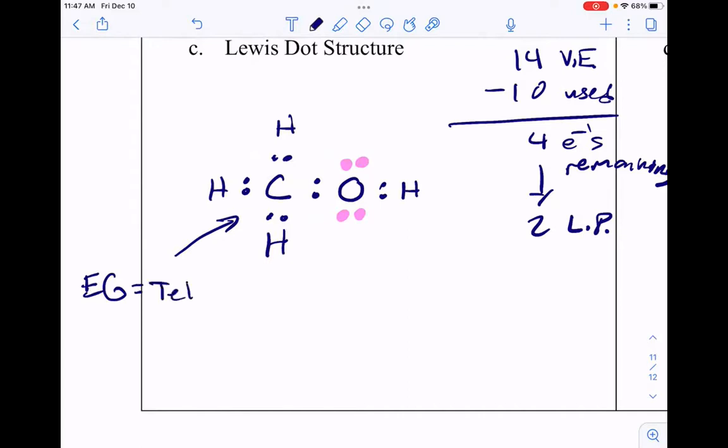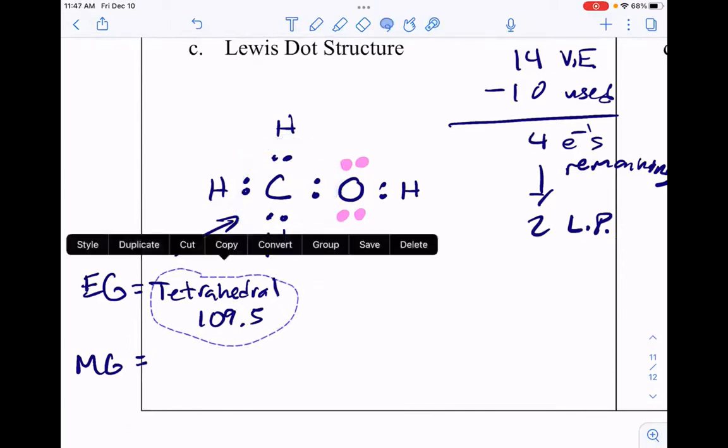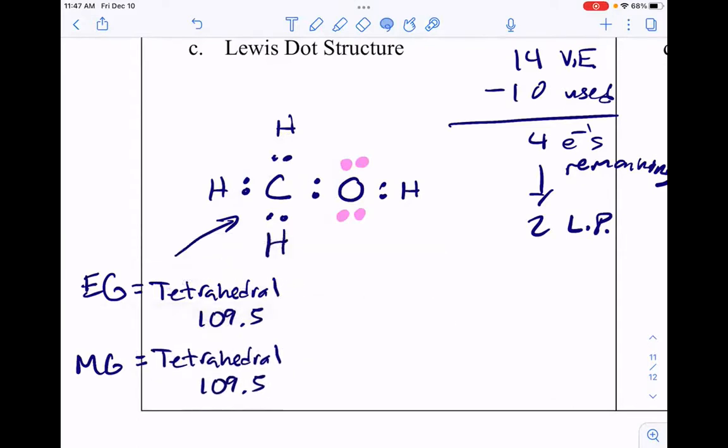Tetrahedral, and we know the bond angle is 109.5. What about the molecular geometry for carbon? Also tetrahedral. Of those four groups, 4 are bonding and 0 are lone pairs, so that's how we got tetrahedral for molecular geometry.